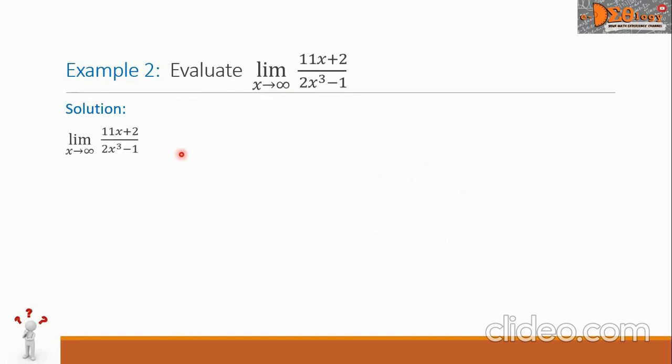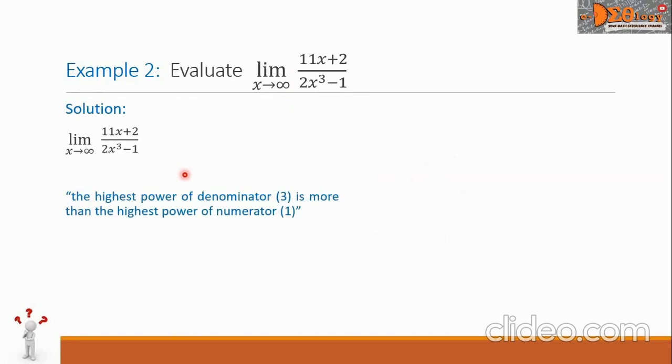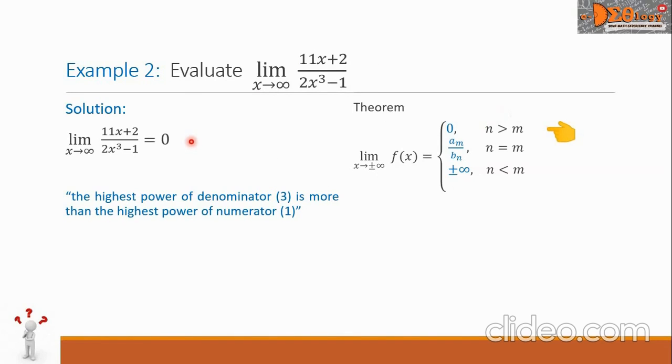In here, we can see that the highest power of the denominator, which is 3, is more than the highest power of the numerator, and that is 1. In our theorem, this problem falls on category number 1. So we can write our final answer here directly as 0. This is our final answer.